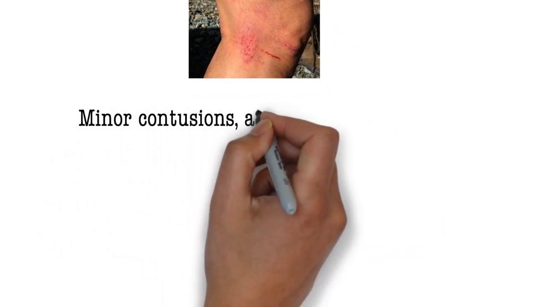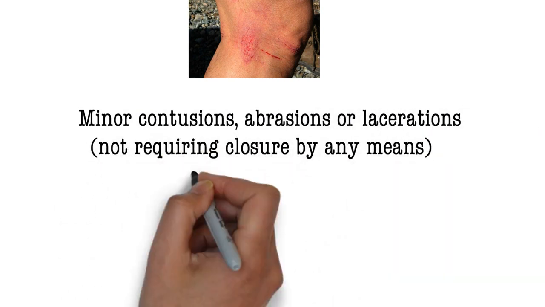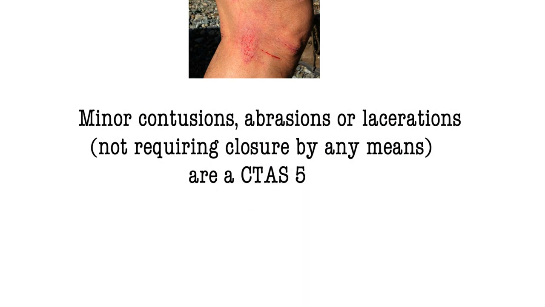So moving on, our final CTAS level to discuss is the CTAS 5. CTAS 5 refers to patients who have truly minor complaints that don't pose any immediate threat to the patient. So these patients are quite okay to wait, even potentially patients that you would envision waiting in a waiting room for extended periods of time at the emergency department. There is, in fact, no hypothermic patient that would fall into the CTAS 5 category, because as we saw, a hypothermic patient who has normal vital signs is a CTAS 4.